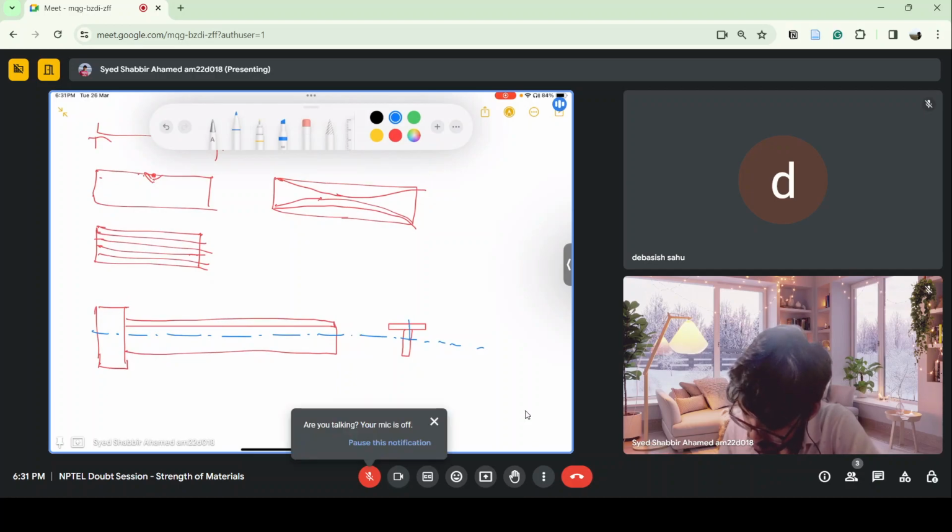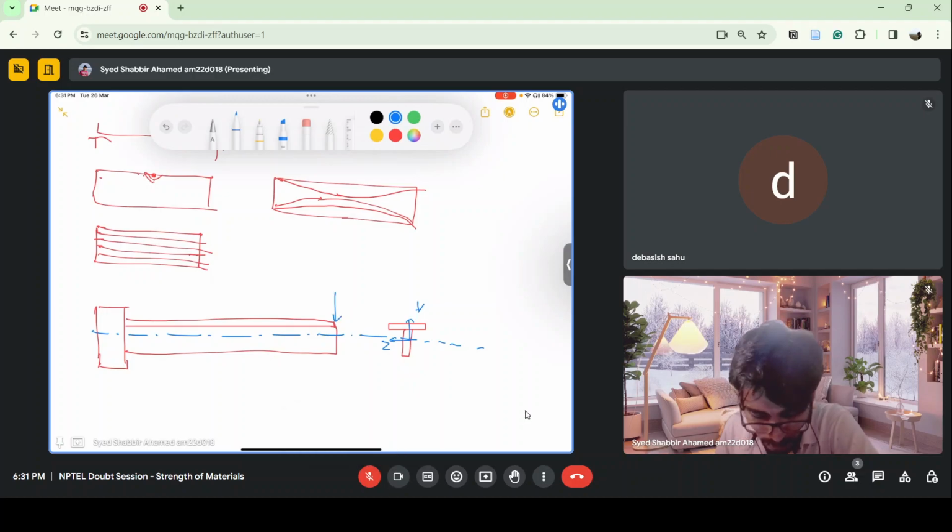And this is the y-axis, and this is the z-axis. There is some point load acting at this point, fixed in.